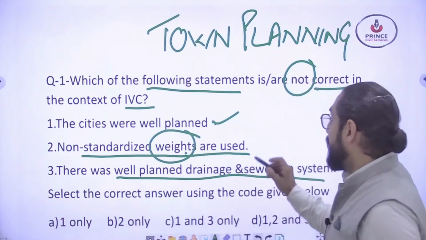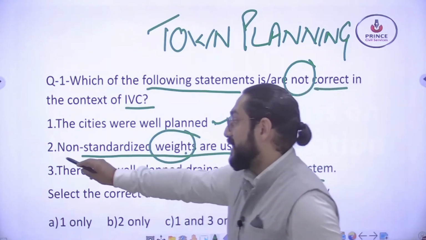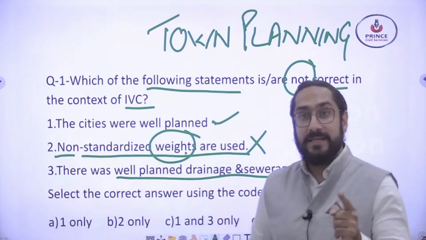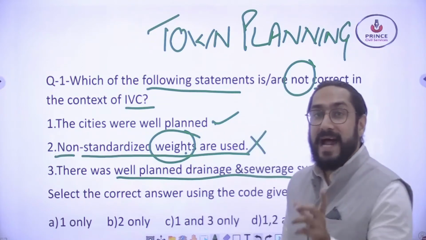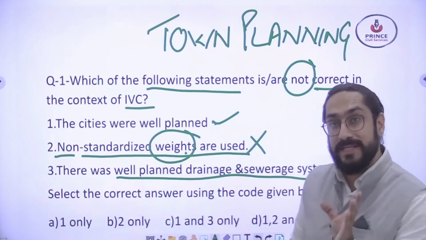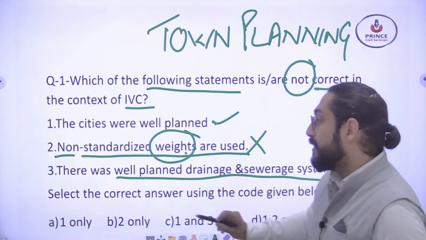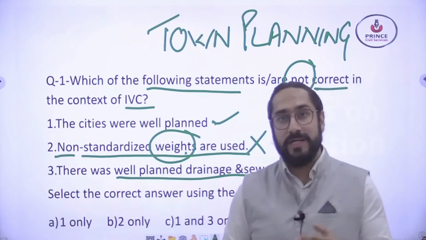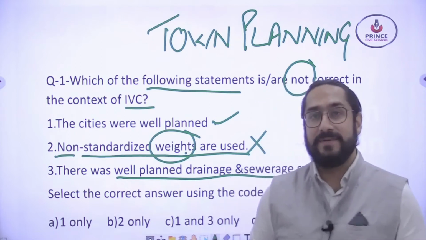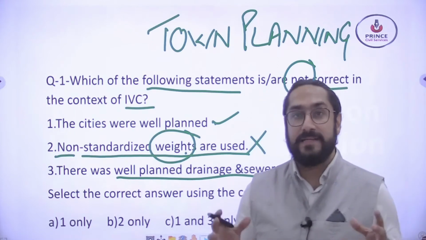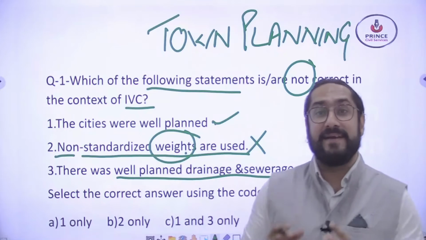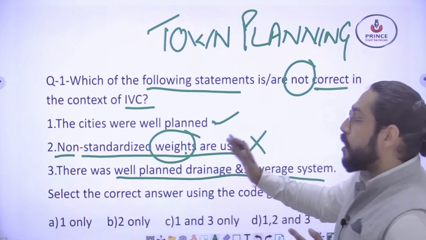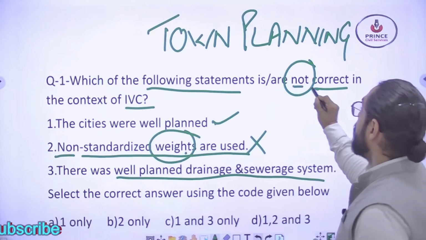So this statement is wrong, because it says non-standardized weights were used, but the right statement is that standardized weights were used in IVC. So 2 is wrong. Statement 3, there was a well-planned drainage and sewerage system. Yes, I already told you that during IVC they had well-planned towns with a well-planned drainage and sewerage system. So only statement 2 is not correct, and the question is asking for the not correct statement.